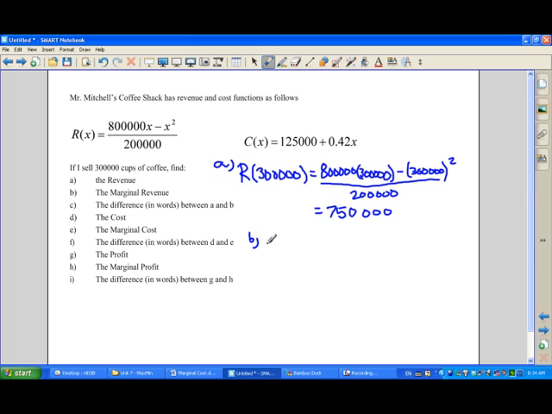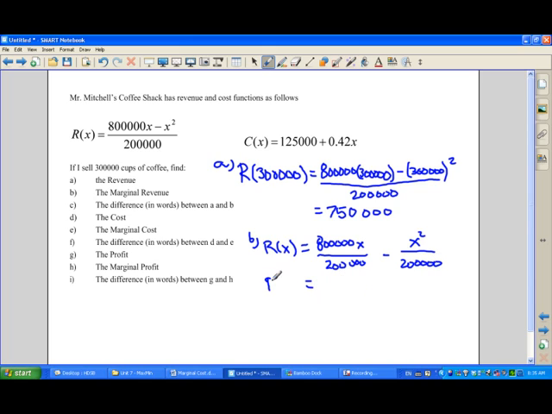Part B, if we want to find the marginal revenue, we're going to take that revenue function and alter it slightly, breaking up the two terms to make the derivative a little bit easier.